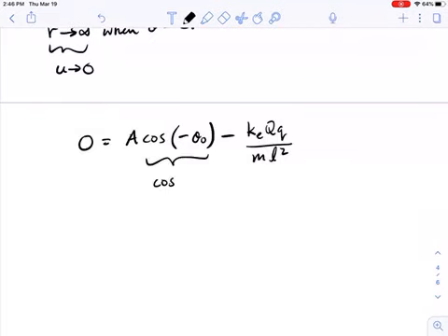Cosine's an even function, so cos of minus theta naught is the same as cos of theta naught, and therefore A, if we solve for A, what would we get? We would get K_E Q Q over M L squared cos of theta naught. And we know that theta naught represents the angle when we have the shortest possible distance between our alpha particle and our gold nucleus.